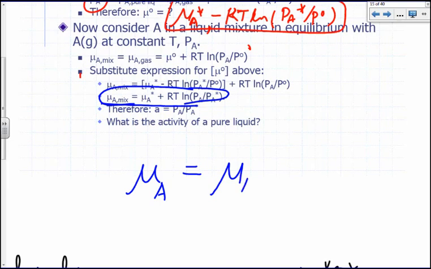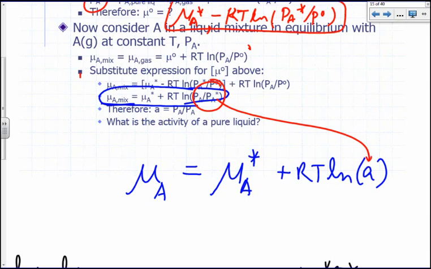Our standard state is a pure liquid, so the chemical potential of the pure liquid is mu A star. The difference between these two is RT ln activity. So we can readily identify the activity as nothing more than PA over PA star.